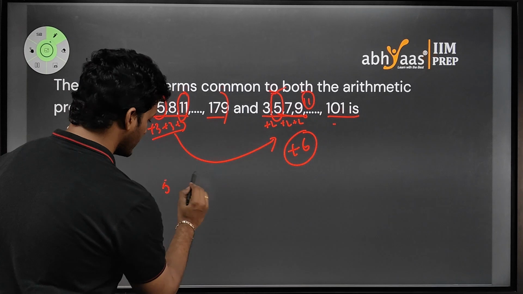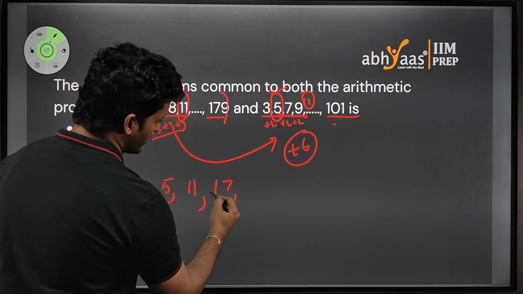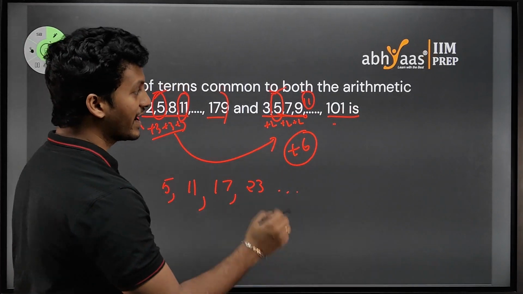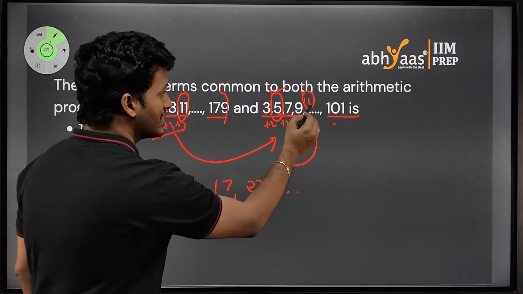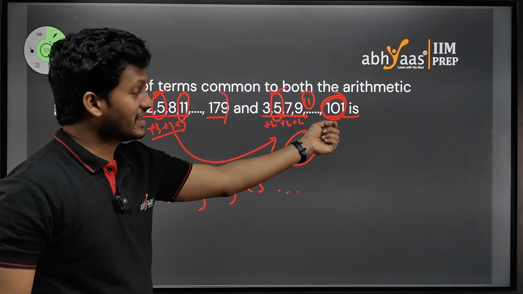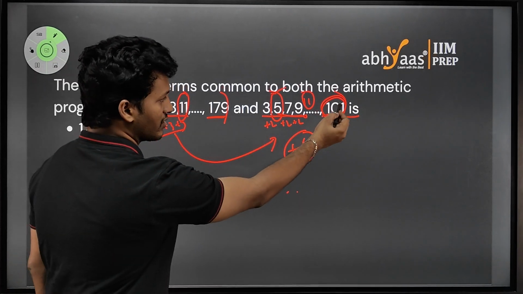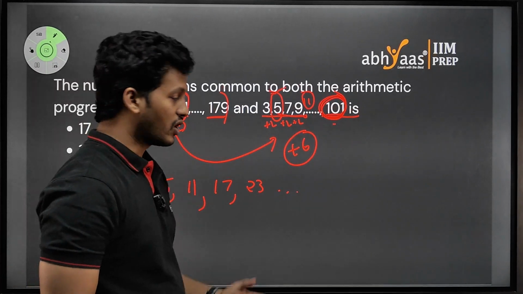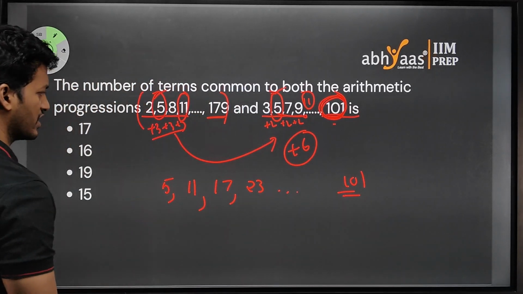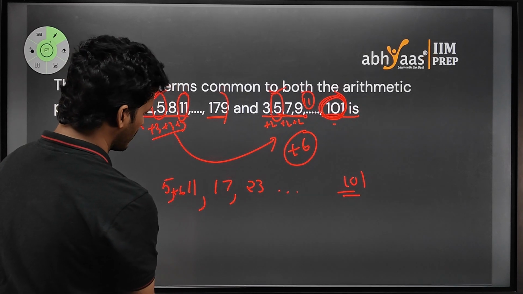So first it would be 5 plus 6, which is 11, and next 11 plus 6 would be 17, then 23, and so on, up till the least of the final numbers. Among 179 and 101, 101 will be the least one. So up till 101, I have to find the numbers. So if I go on like this, from 5 plus 6, up till where can I go?